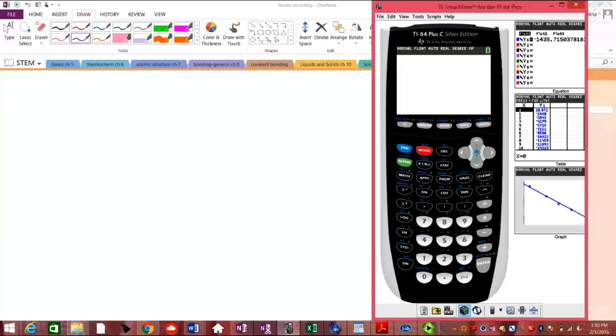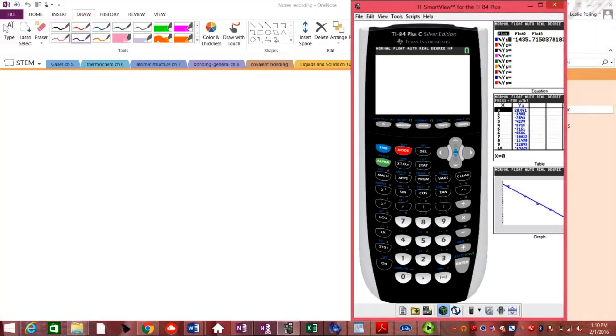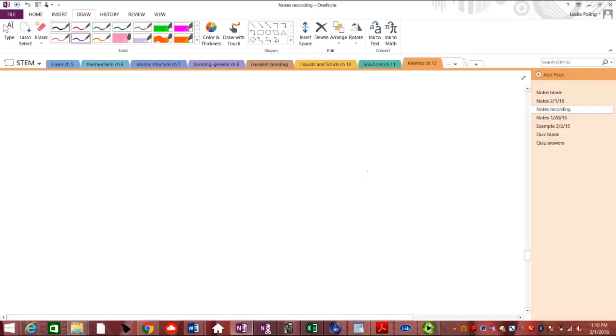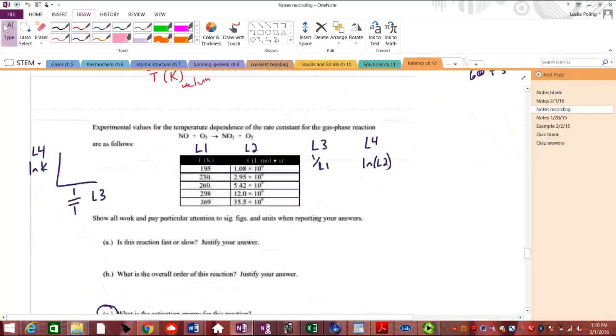Now on mine, it's right there in the equation. Well, yours should be too. If you click Y equals, there's your equation. So there's your slope, negative 1435.7. So we don't need to do the linear regression again. Here are our notes.